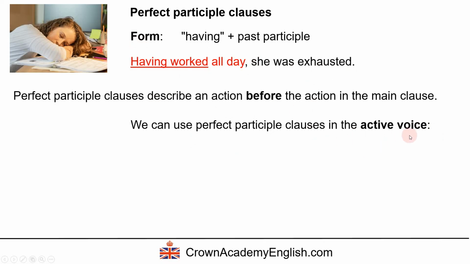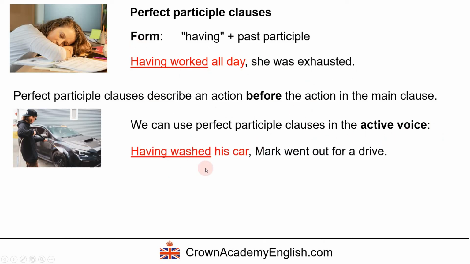Okay, this is the active voice. By the way, this is an example of the active. Let's look at another example. Having washed his car, Mark went out for a drive. So he did this first. First he washed his car, and then he went out for a drive. Okay, so a long version of this would be, let me think.